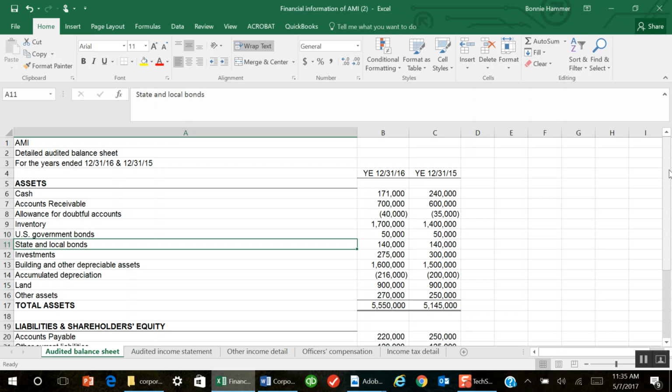So as a condition for giving them a loan, they require the company to provide the bank with audited financials every year. That's one of the main reasons that companies will hire accounting firms to review and or audit their financial statements.